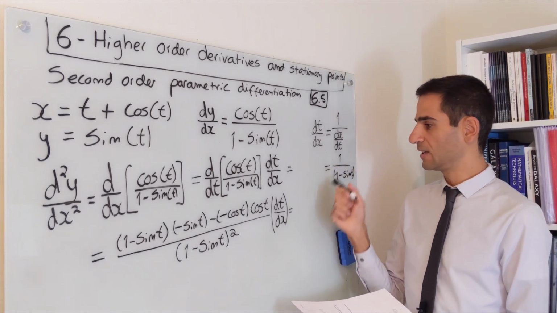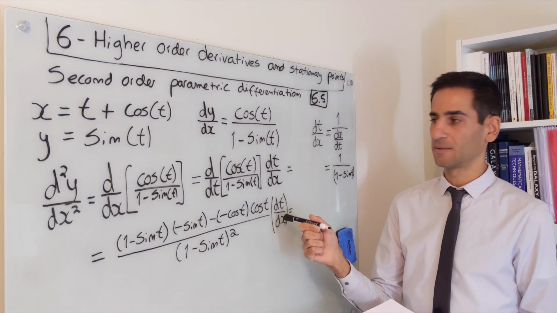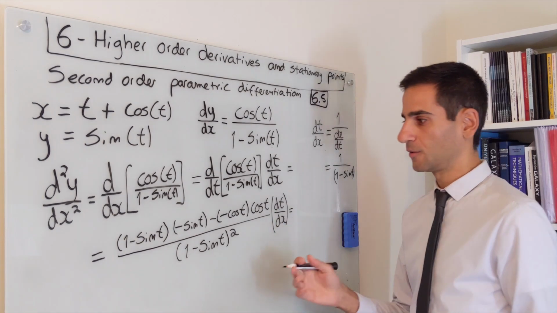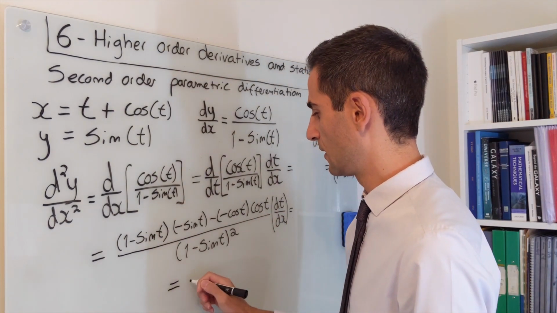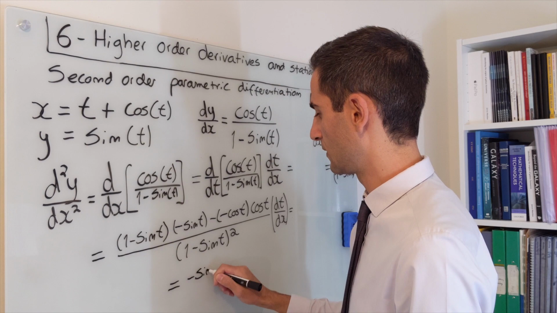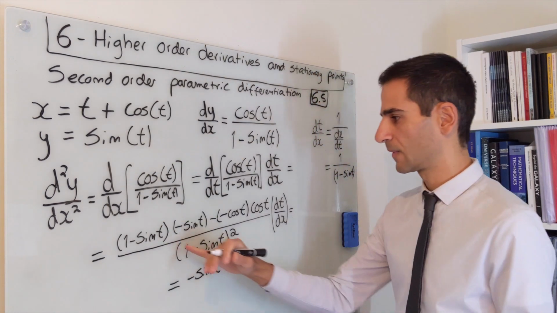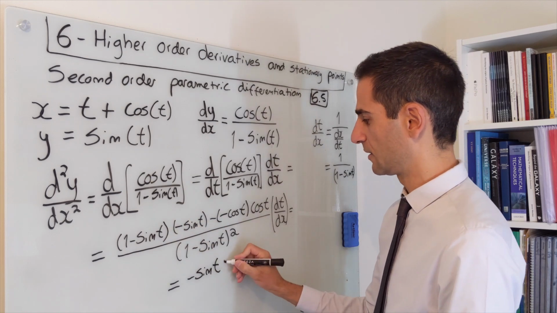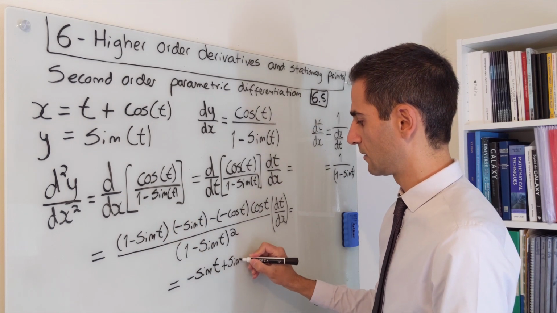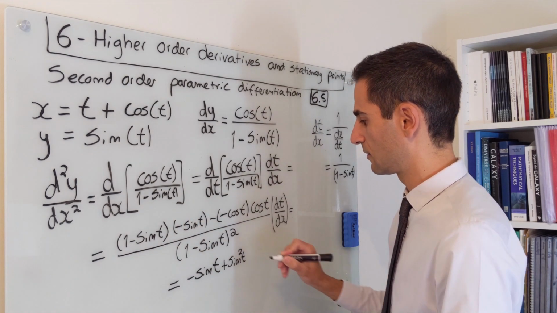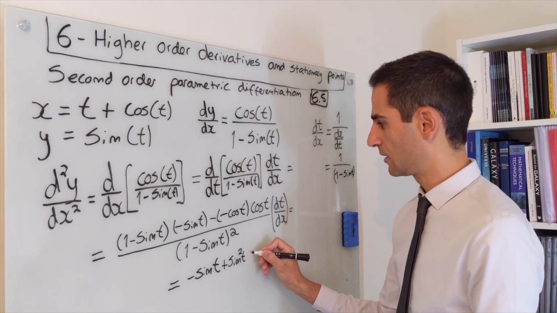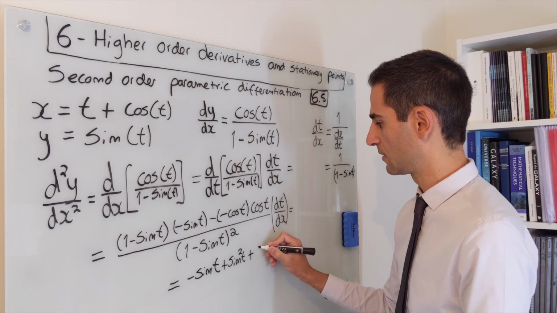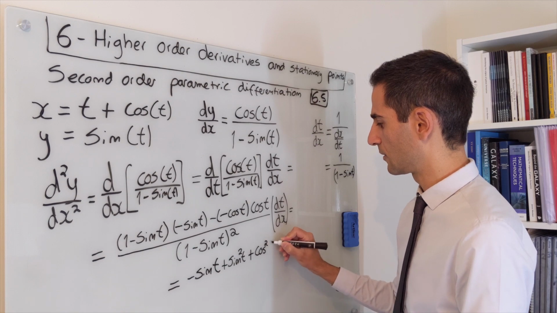And therefore we can sub this back in here to write essentially minus sine t. Then we're multiplying minus sine t by minus sine t, that's plus sine squared t. And then we have plus cos squared of t.